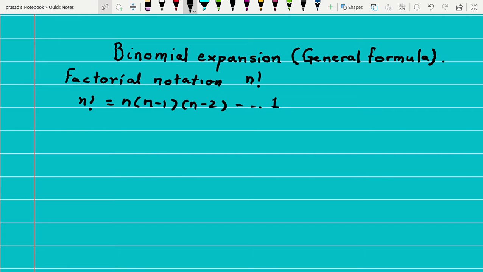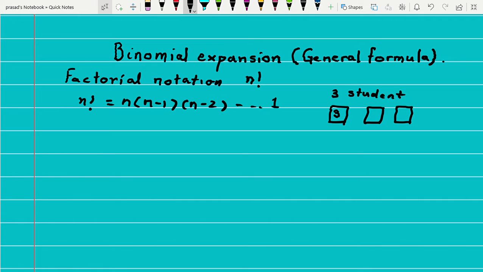Now take for example, I have 3 students and I want to make them sit in a row on 3 chairs. How many ways I can do this? Suppose these are 3 chairs. So the first chair can be filled by any one of the 3 students in 3 ways.